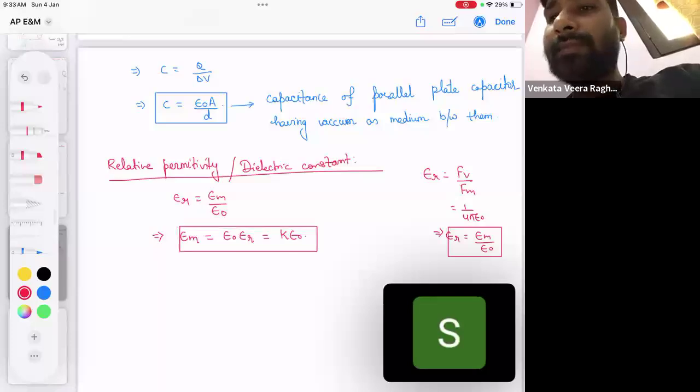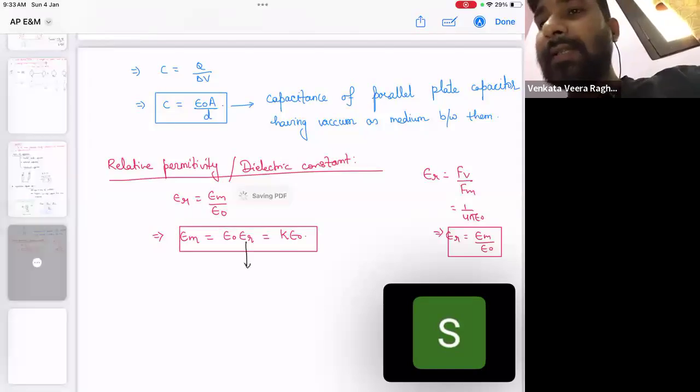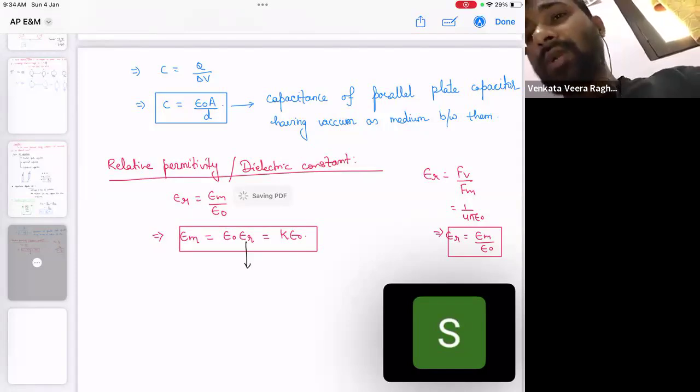Epsilon R is called relative permittivity, and K is called what? Dielectric constant. This K is not the Coulomb's constant. Please keep in mind, this K is not the Coulomb's constant.